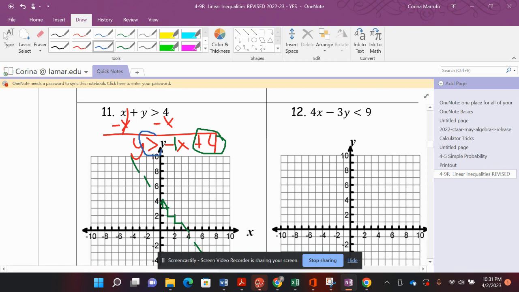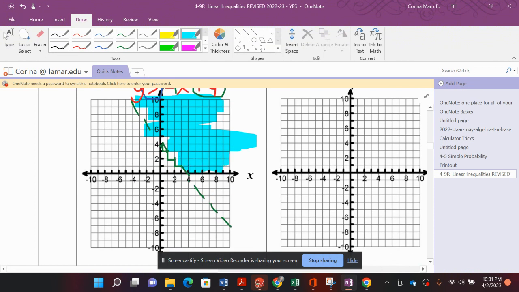So because it's my greater than sign, I'm going to shade everything above the graph. So this is everything above the graph. Everything above, everything above. And so that is part of my solution. This side is not part of the solution.